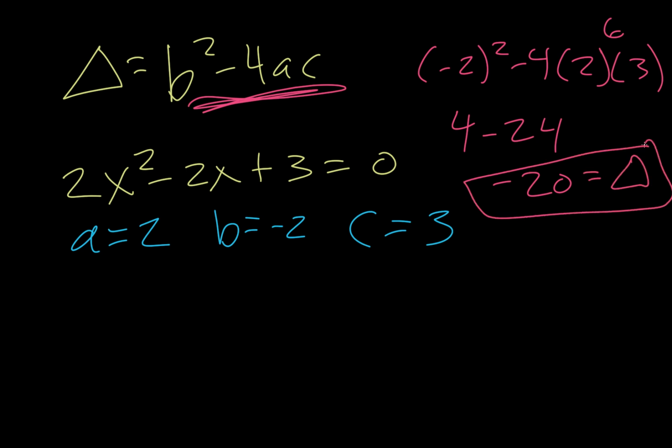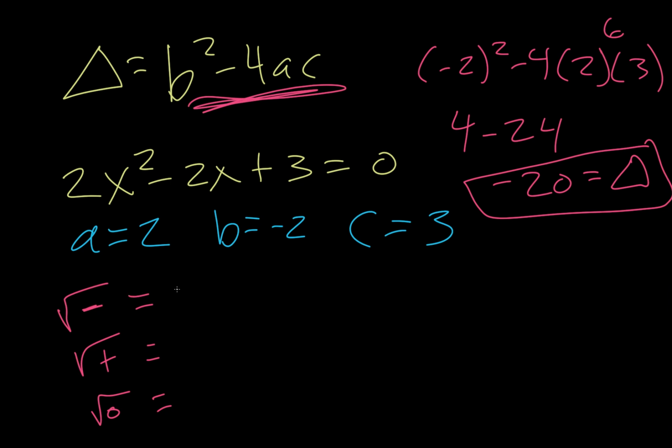Now that's not our final answer because it wants us to state the nature of the roots. So if we have a negative number under a square root, what type of values does that give us? If we have a positive value under a square root, what type of values does that give us? And if we have 0 under a square root, what does that do for us? Since it's negative, we're going to get an imaginary solution here.